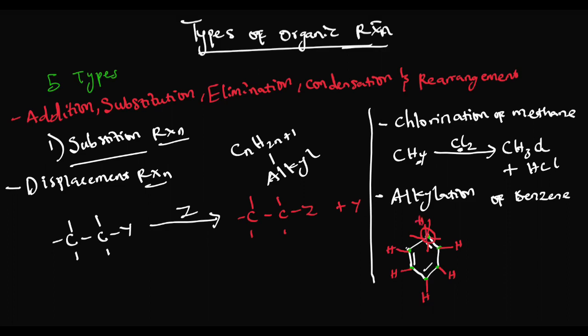So the alkylation means that it's reacting with an alkyl, and I'll be making use of chloromethane, CH3Cl. When it reacts, this is the product it gives you, your normal structure.